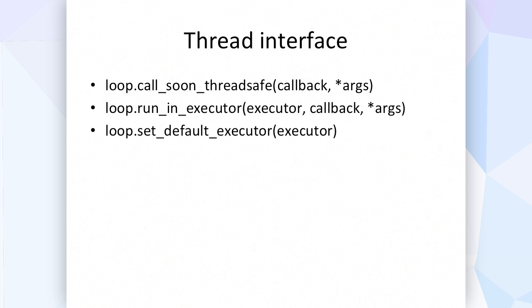If you're writing your own thread machinery, and you start a thread and put something in the queue, and now you're running in the thread and you want to call a callback on your original event loop, you can't just call call_soon, because that is not thread safe. There's a race condition in there. So you have to call call_soon_threadsafe, which writes a byte to an internal pipe that wakes up the select call.